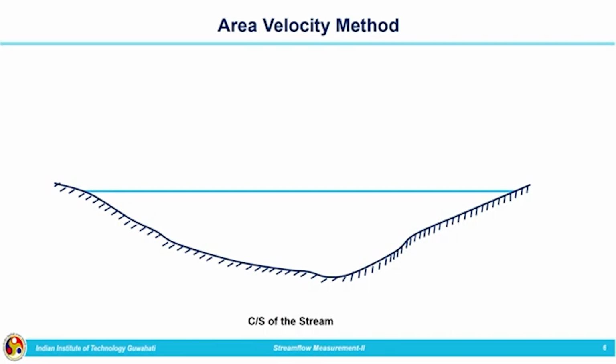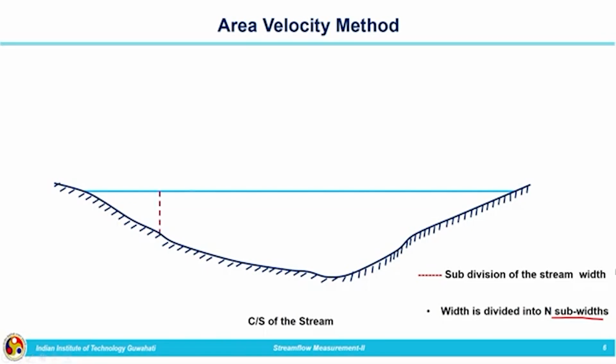The cross section can be schematized like this, and what we are going to do is divide the width into n subwidths. The entire width of the stream is divided into n parts, and the subdivision is marked by dotted red lines. This way we can divide the entire width of the river.